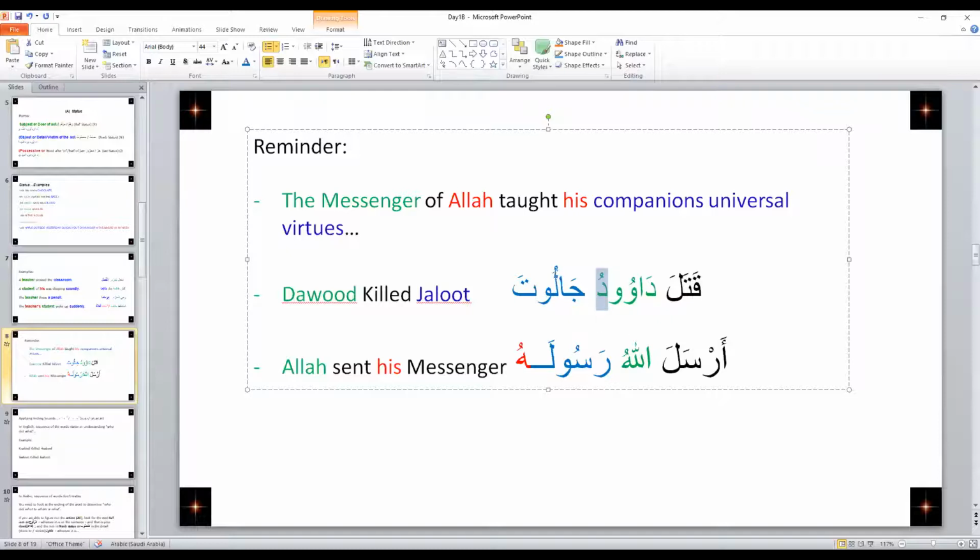So now we understand that dhamma is not rafa and fatha is not nasb. Nasb is different from fatha, dhamma is different from rafa, and jar is different from kasra. What we say is that rafa, nasb, jar are statuses, whilst dhamma, fatha, kasra are kinds of signs of the statuses mentioned.